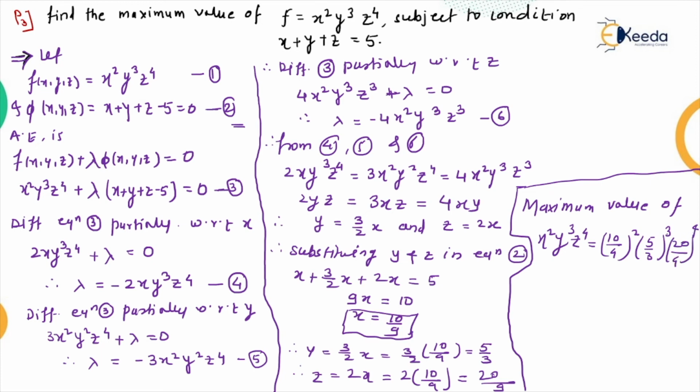After simplifying this, x square y cube z power 4 is 2 raised to 10 into 5 raised to 9 divided by 3 raised to 15. The above calculation can be written in this way.